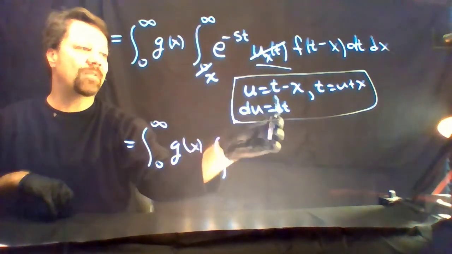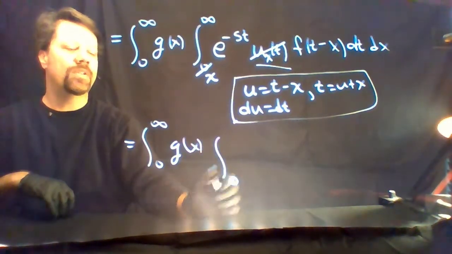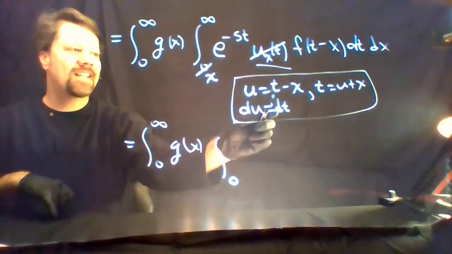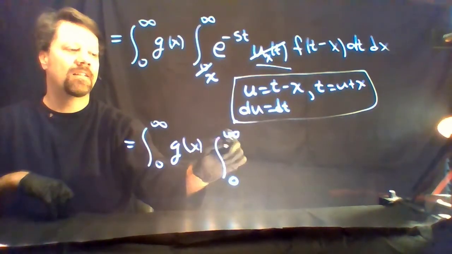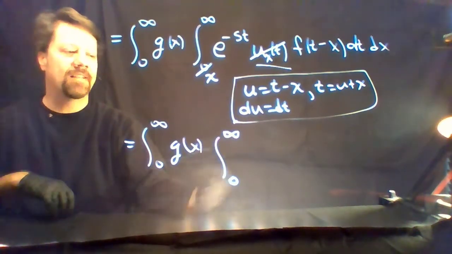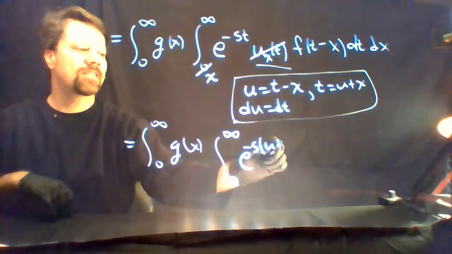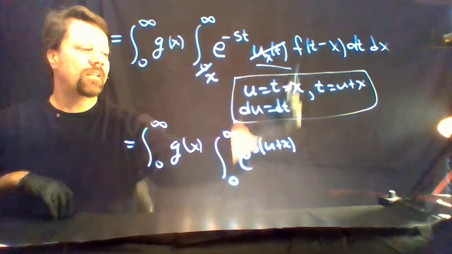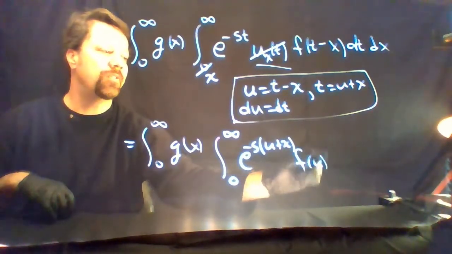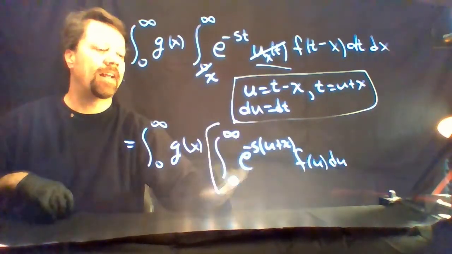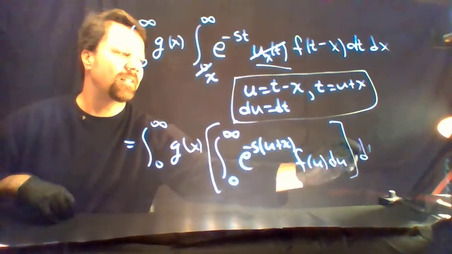If t is equal to x, u is 0. And as t goes to infinity, u goes to infinity. t gets replaced by u plus x. Here we have f of u du, all of that times dx.